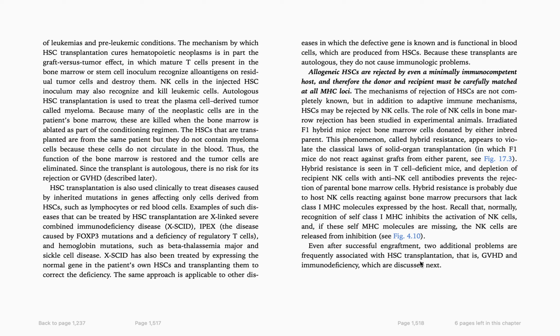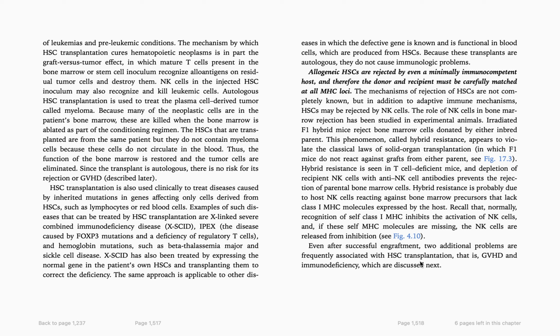Autologous hematopoietic stem cell transplantation is used to treat the plasma cell derived tumor called myeloma. Because many of the neoplastic cells are in the patient's bone marrow, these are killed when the bone marrow is ablated as part of the conditioning regimen.